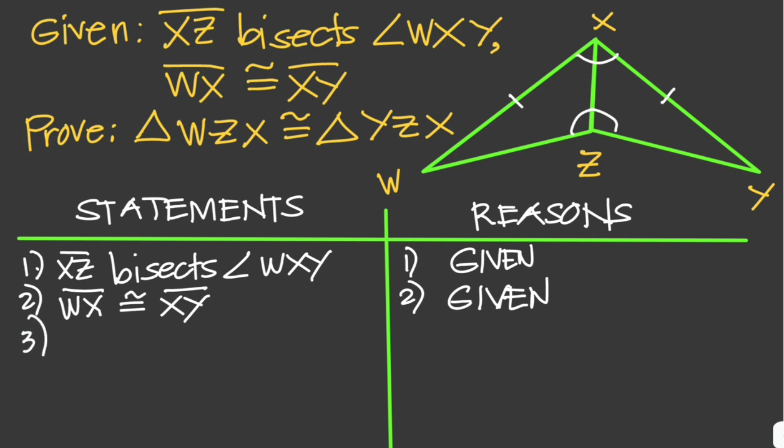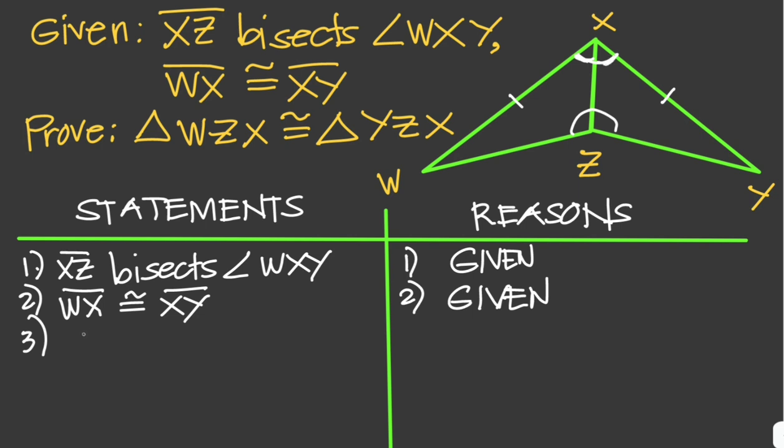Then what would our next statement be? It's already given here that the two sides are equal and XZ bisects the angle WXY. Let's take a look at the figure. We can use the definition of bisector here. Since XZ bisects WXY, this angle here is congruent to this angle.